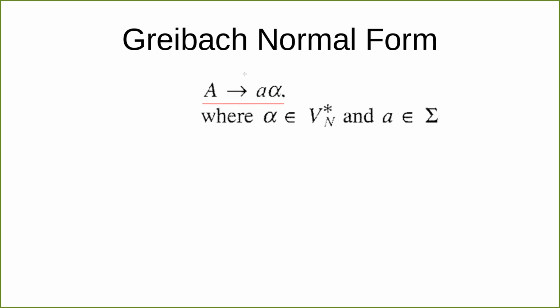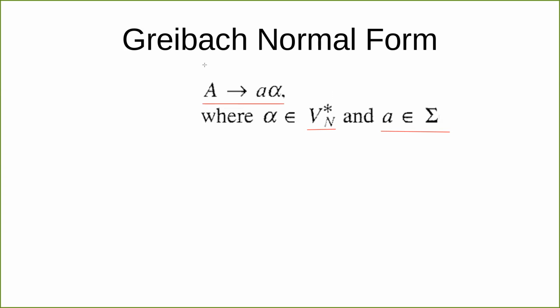Each and every production of the given context-free grammar should be in this format. The left hand side has only one variable, and the right hand side starts with a terminal followed by a series of variables. In mathematical notation, it is denoted like this: A produces a alpha, where a is any terminal, and alpha is a string of variables, and alpha could be epsilon as well.